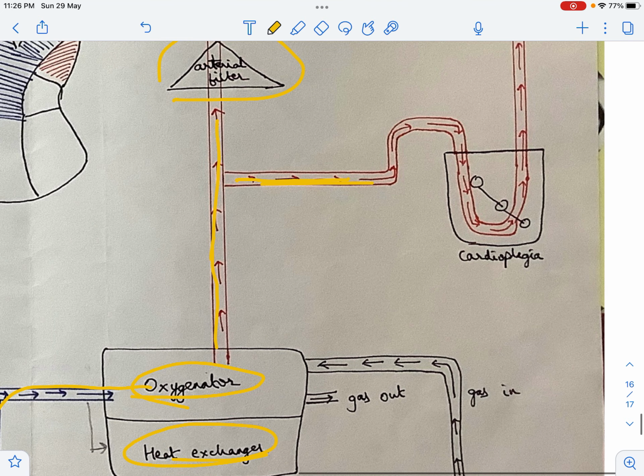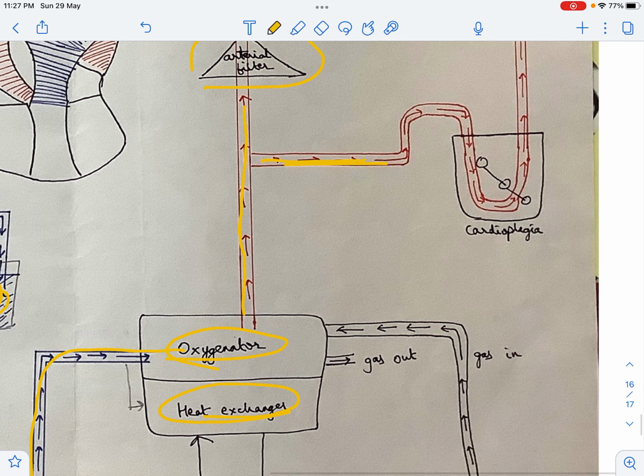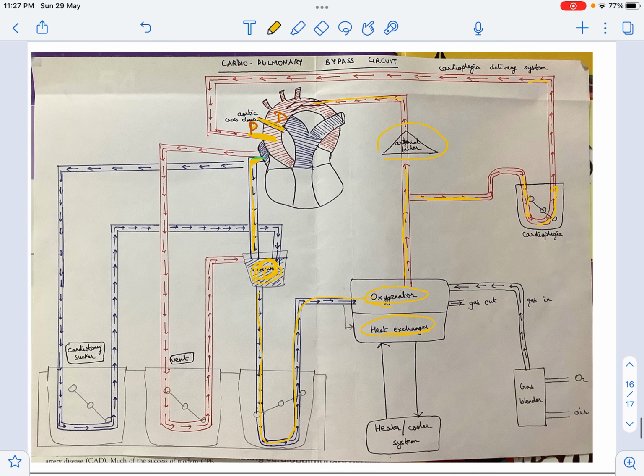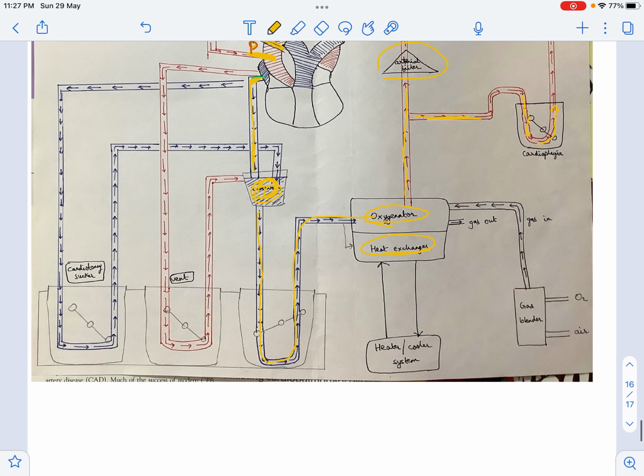When you go into your CTVS, your cardiac OT, during your CTVS posting, or if you become a cardiac surgeon, you will notice that there is something which looks like this. As the blood enters, this will come down and this will go up. When you look at this in the OT, you will realize it. I have drawn this just for the exam point of view.